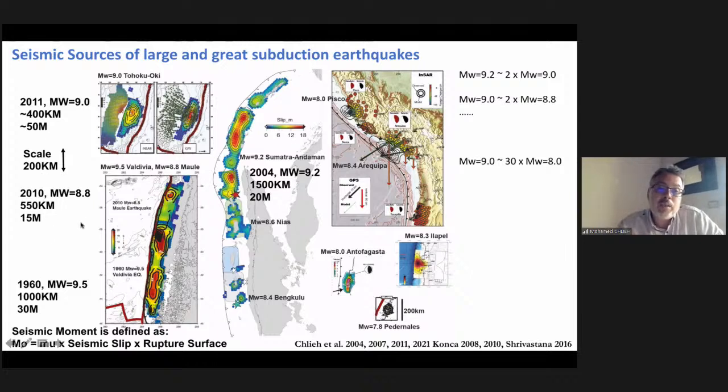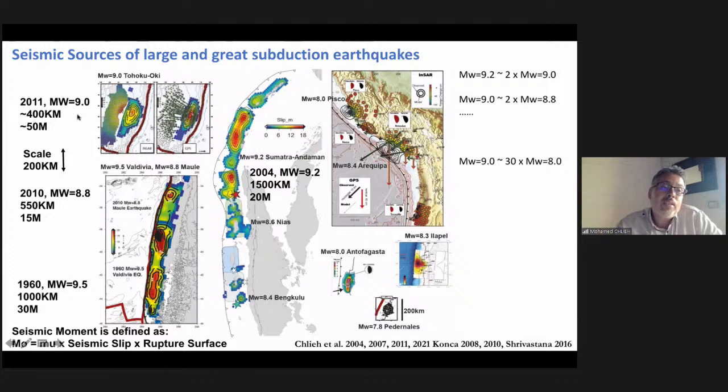Just by comparison, I have reported here other earthquakes that occurred in South Chile: the Valdivia earthquake, 9.5, and the Maule earthquake. One thing also to keep in mind is that a 0.2 difference in moment magnitude signifies a moment that is twice larger here than here.